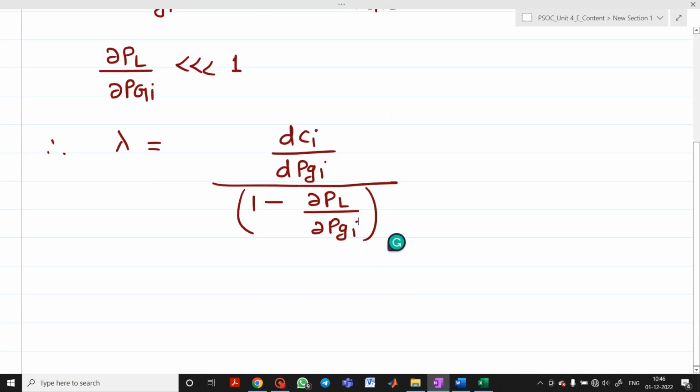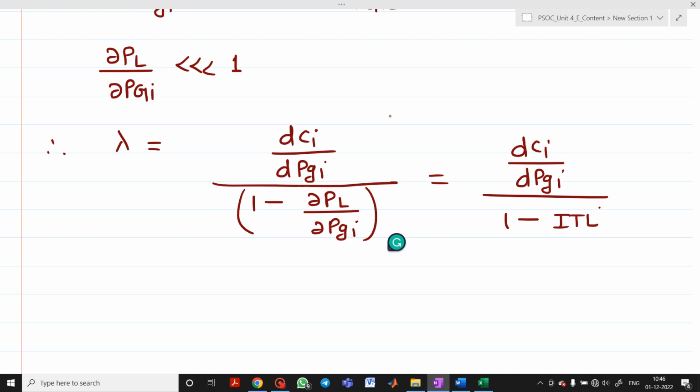Now we can write the above expression as dCi upon dPgi whole divided by 1 minus ITL.